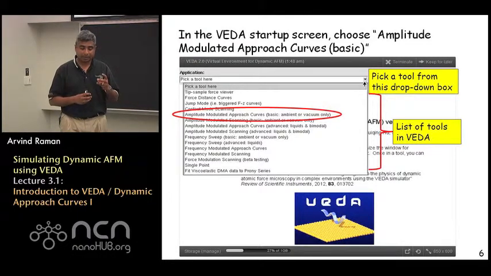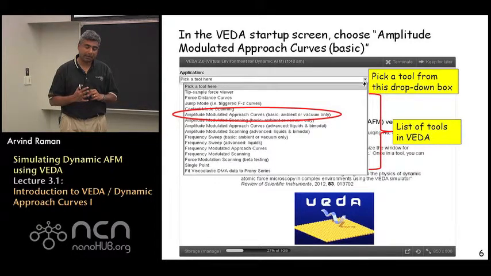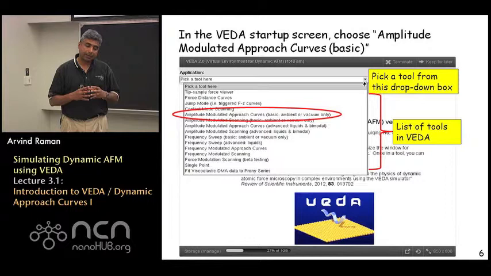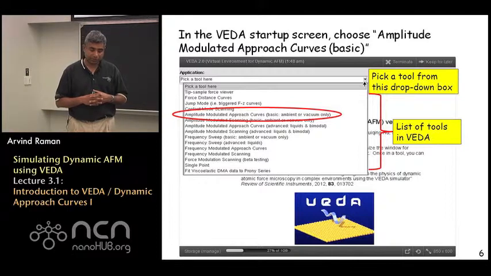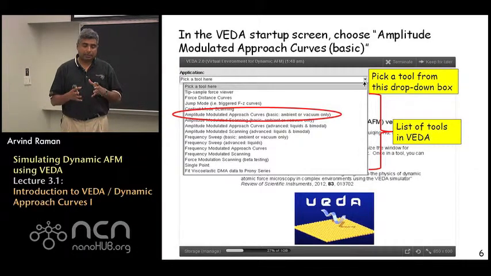And you'll see that, broadly speaking, these are divided into 3 categories. There is a basic approach, dynamic approach curves tool, which is what we're going to talk about today and in the next lecture. And there is a scanning tool, and again, there's a basic and advanced version of all these tools. So in this particular course, we're going to focus on using the basic tool.